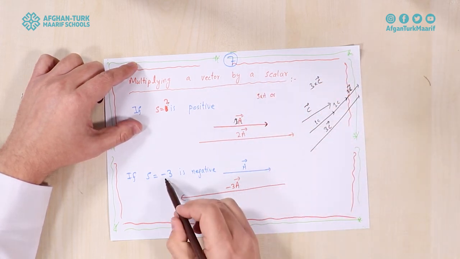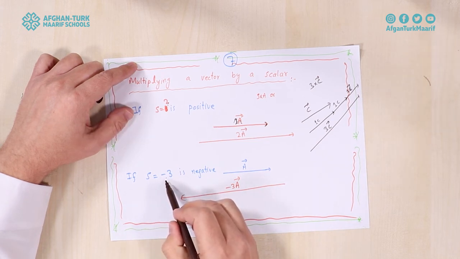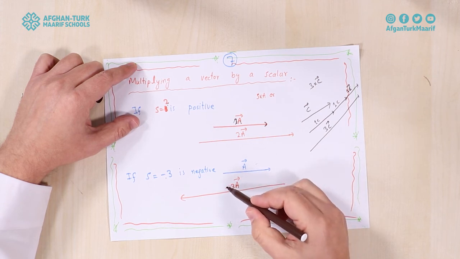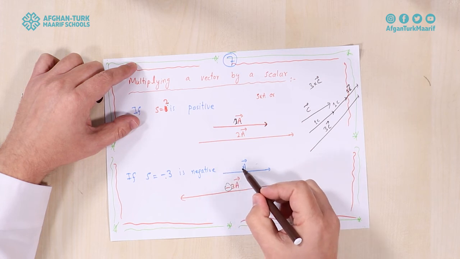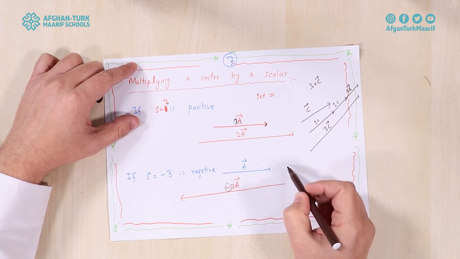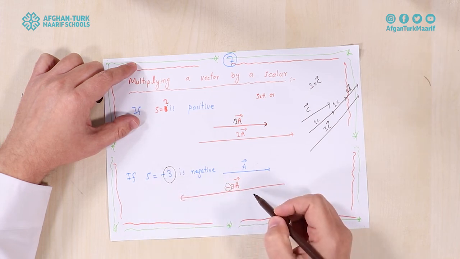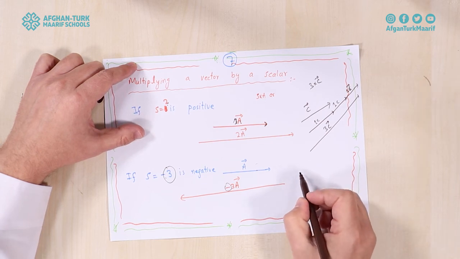Here also, for example, if we multiply a negative number with any vector, because of this negative sign, the direction is also changed. The direction of vector A is toward the positive side, but if we multiply by a negative value, the direction will also be changed. How?